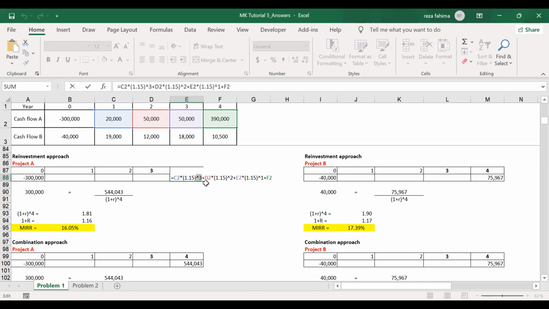Plus the cash flow of year 2, which is 50,000, multiplied by 1.15 to the power of 2, because we're calculating the cash flow of year 2, and the fourth year minus the second year, 4 minus 2, is 2.